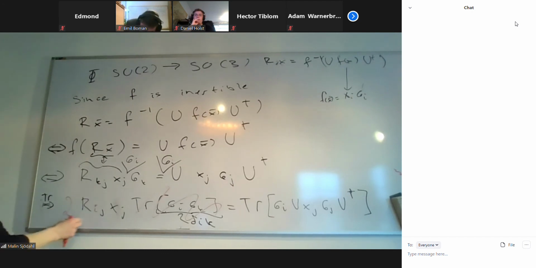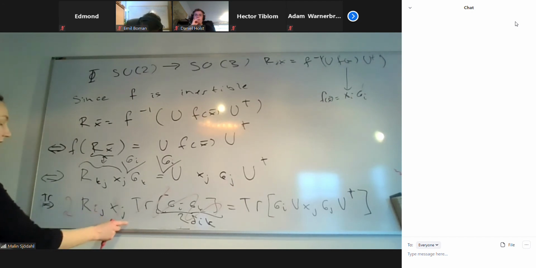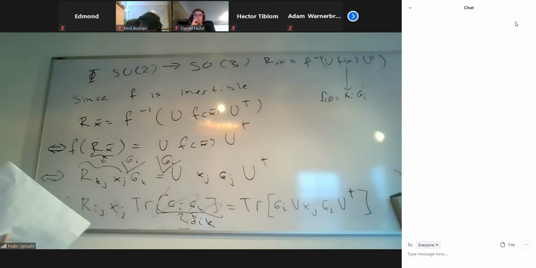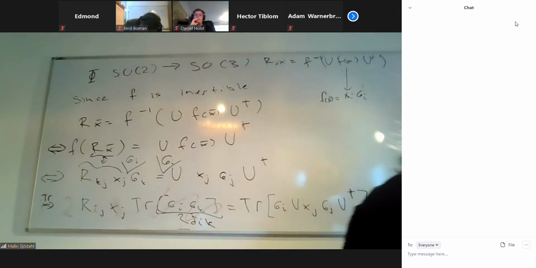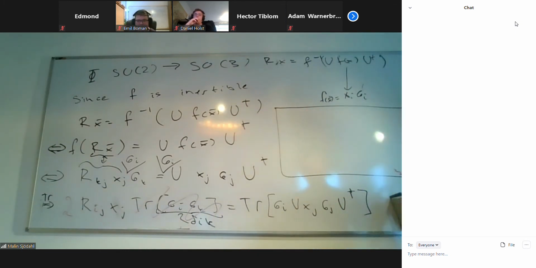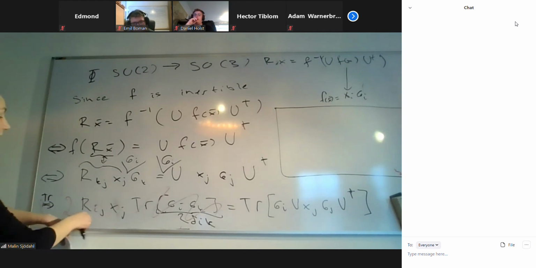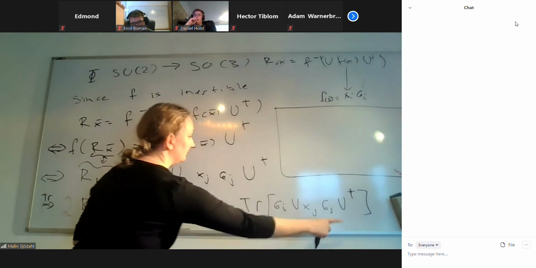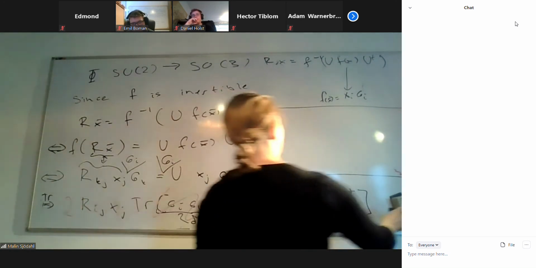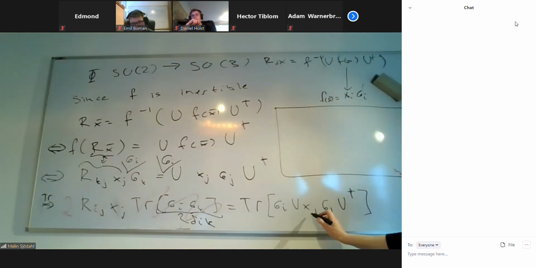So now I have 2 R I J and X J. There's nothing but the rotated X is equal to this thing. So collecting the pieces here, I have this R on X is this thing, and on this side, X is also this number.